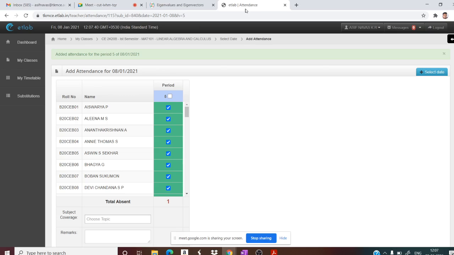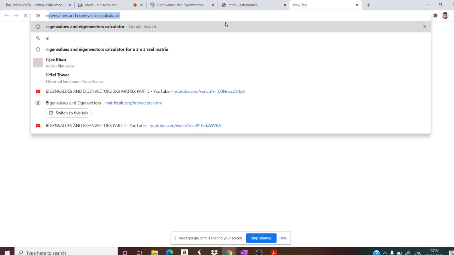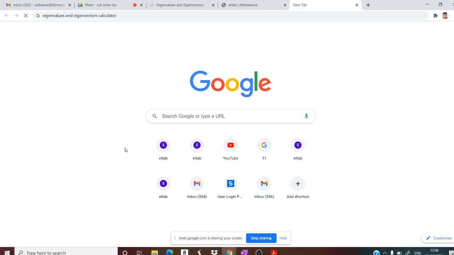So let us calculate the eigenvalues using a calculator.